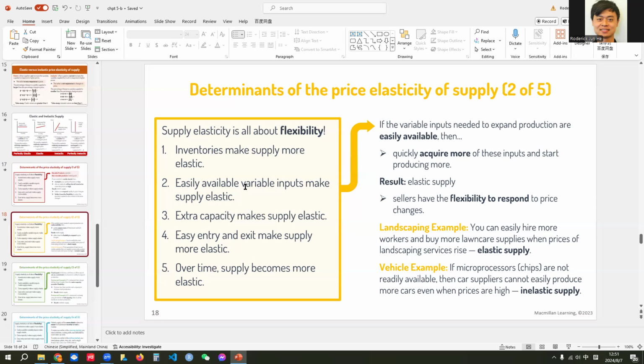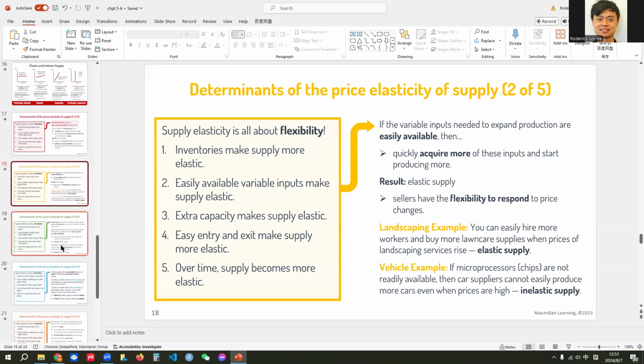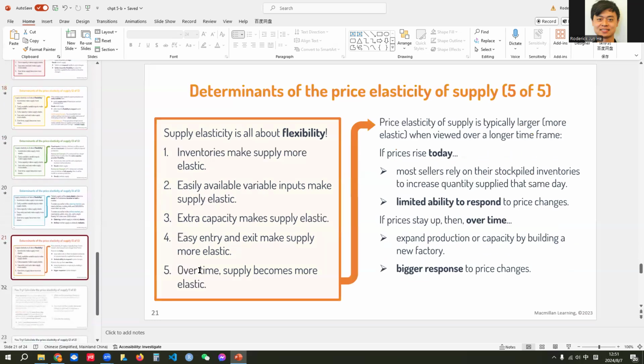Namely, extra capacity, which is the same idea. Easy entry and exit is the same idea. If you consider, the entry and exit is changing the capacity of the market, right? And over time, supply becomes more elastic. We can better arrange our production, right?